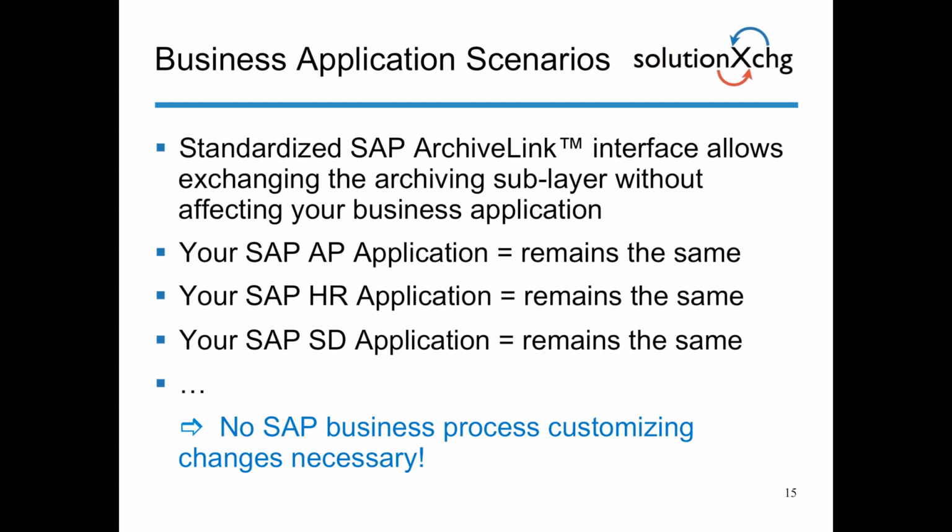So your customizing for your AP application remains the same. The customizing for your HR application remains the same. The customizing for your SD application, and so on, you get the point. All that SAP business scenario and business process customizing stays in place.